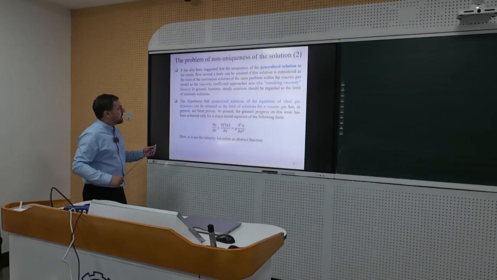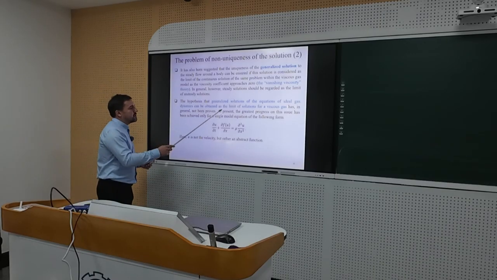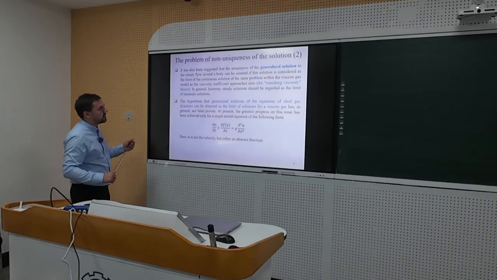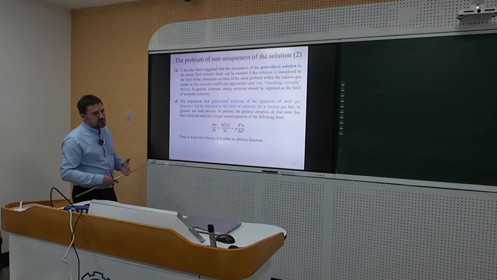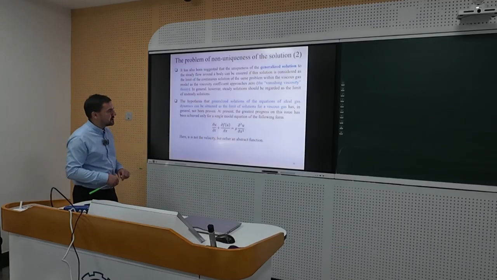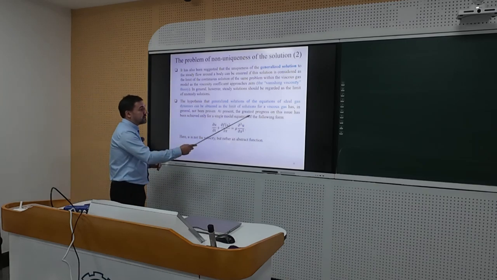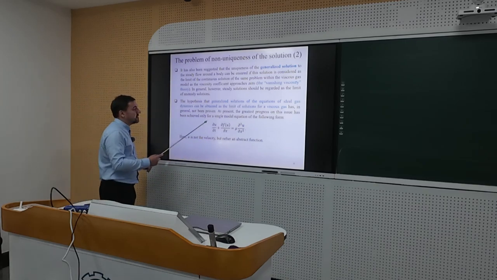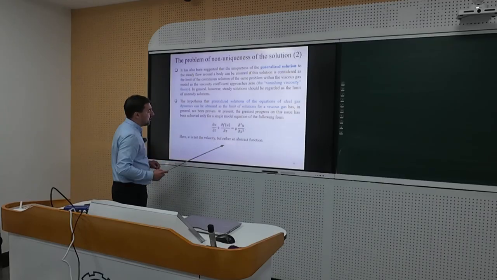The hypothesis that generalized solutions of the equations of ideal gas dynamics can be obtained as the limit of solutions for viscous gas has in general not been proven. So from theoretical consideration, nobody proved that for Euler or Navier-Stokes equations. At present, the greatest progress on this issue has been achieved only for a single model equation in the following form.